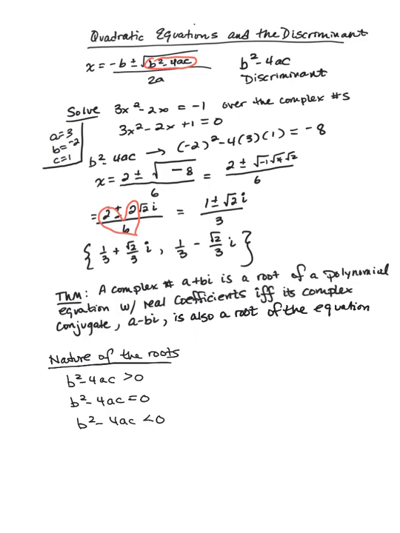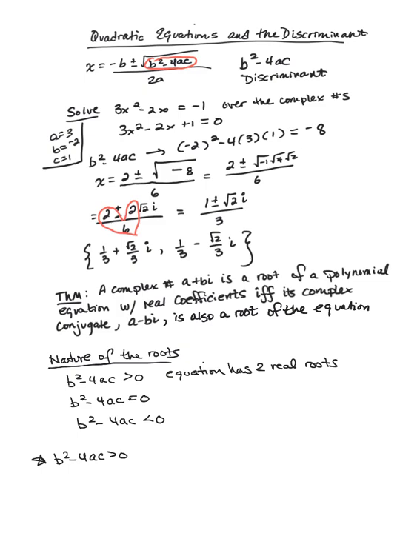So in the first case, if the discriminant is greater than 0, the equation has two real roots. Okay, I want to say more about this. So b squared minus 4ac greater than 0.